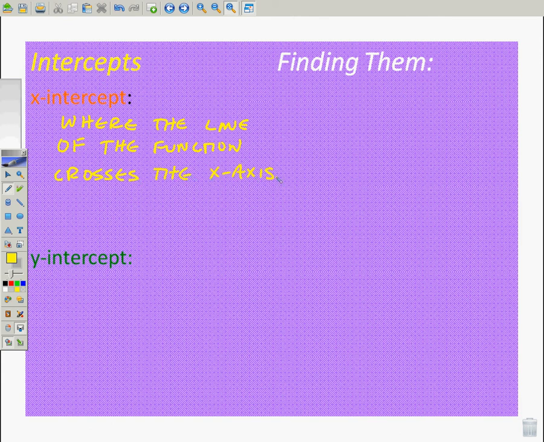And this makes sense because if it's crossing the x-axis, that's where it's intercepting the x. It's intercepting the x right there. So if you guessed it, this is where the function crosses the y-axis.